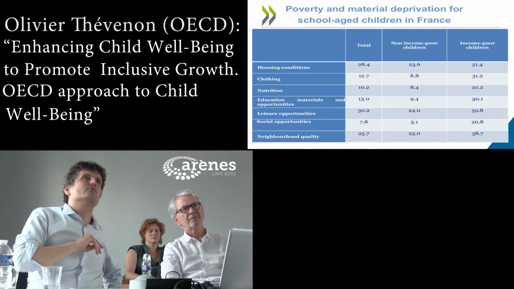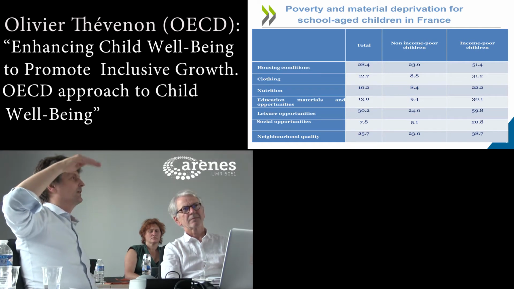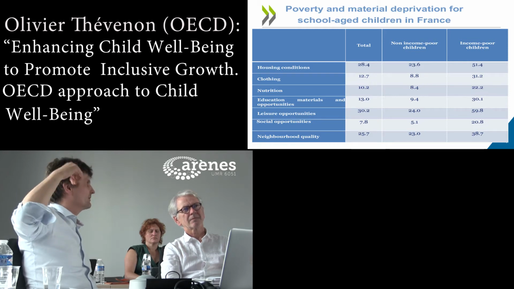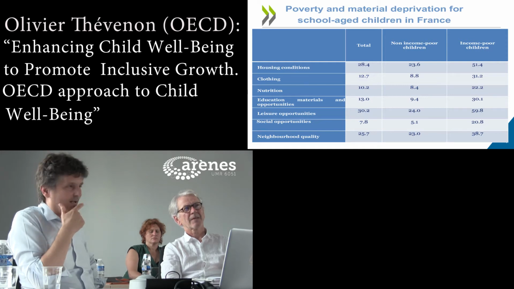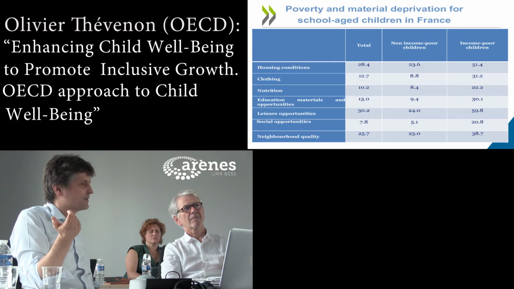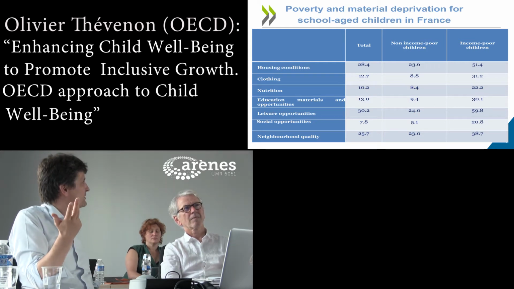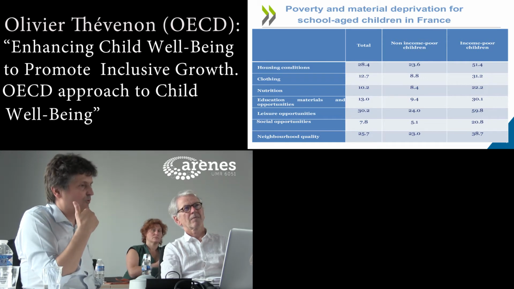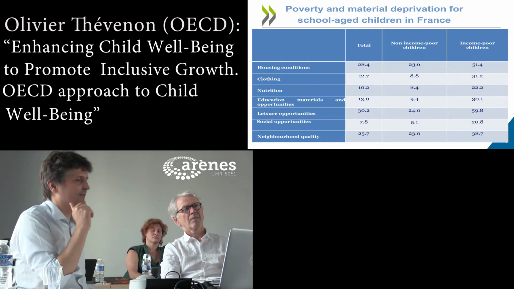Here it is for France too, and so material deprivation in different dimensions: in housing quality, access to the possibility to replace worn clothes, basic nutrition, access to educational resources, to leisure opportunities and social opportunities, and information on neighborhood quality.